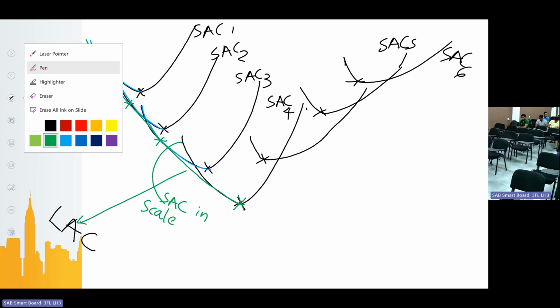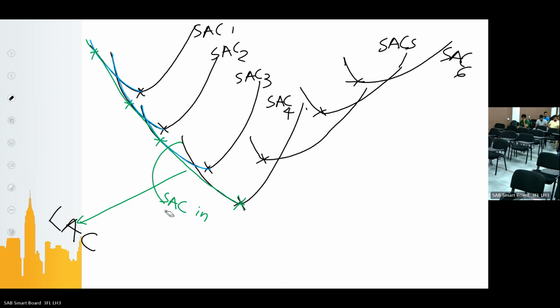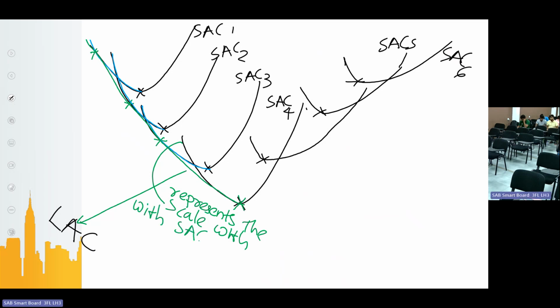So it represents the scale with which short-run average cost will be the minimum.